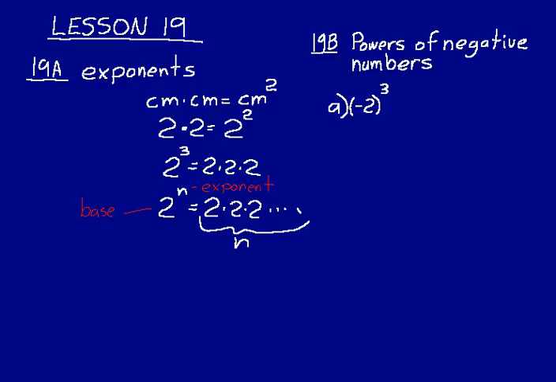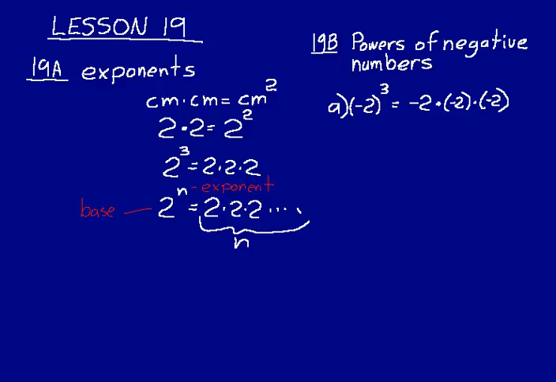So just like 2 to the third power, that's 2 times 2 times 2. Negative 2 to the third power, that's going to be equal to negative 2 times negative 2 times negative 2. I didn't have to put those dots in between, but I did that just to show multiplication a little more clearly here.